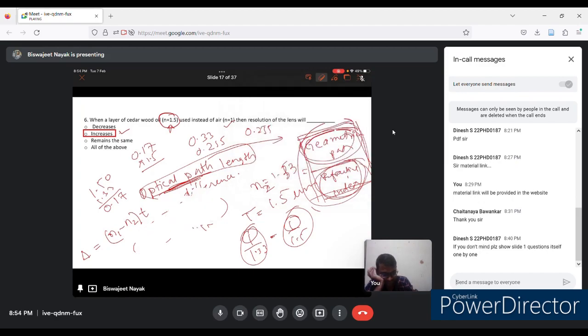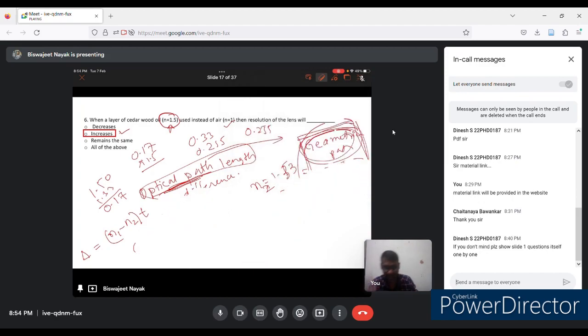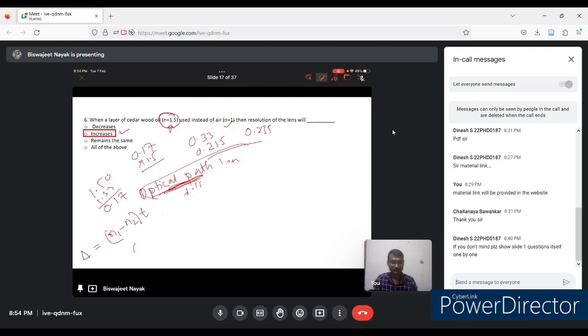Then, sir, one more question. When the image plane is not flat but it is a concave spherical surface as seen from the objective, which kind of aberration is this: spherical aberration or curvature of field?